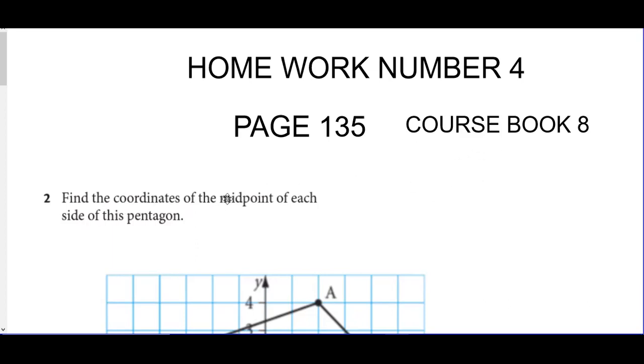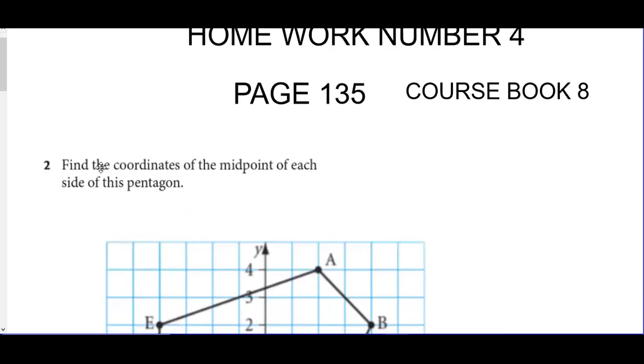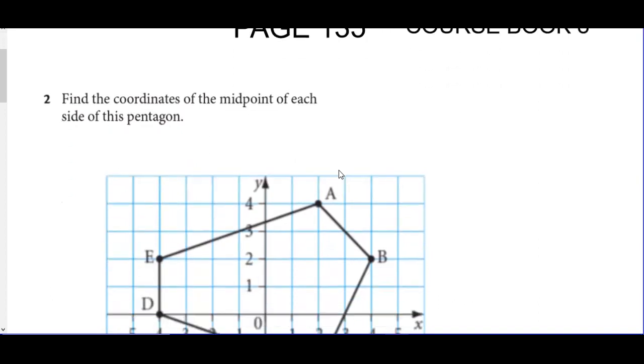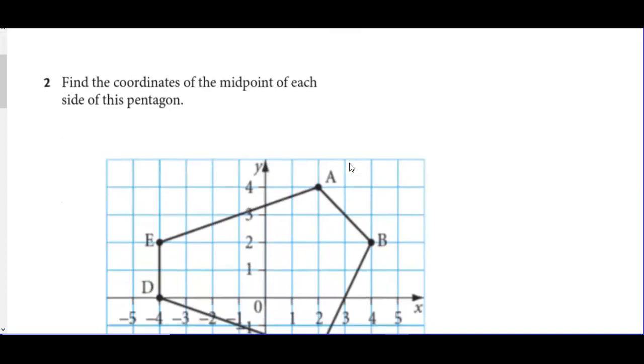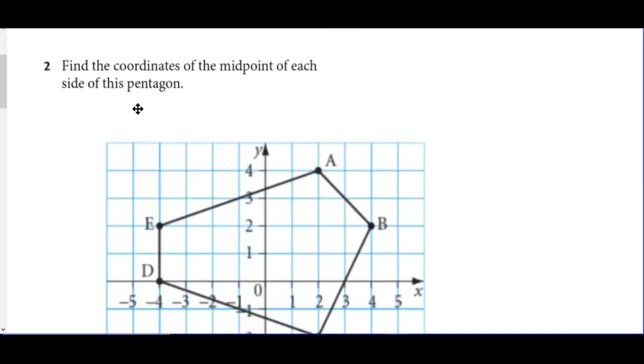So there we go. The students were asked to find the coordinates of the midpoint of each of the given pentagon. Right? So they were given a diagram here. This diagram is representing a pentagon.